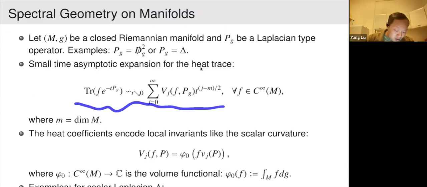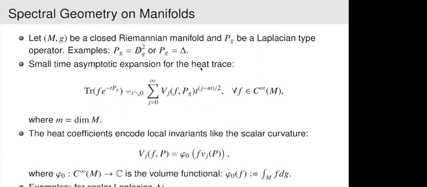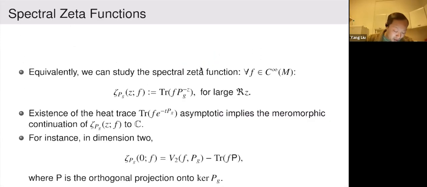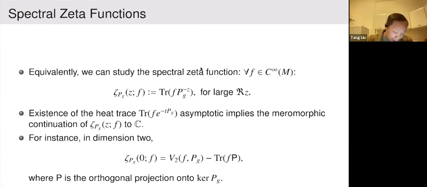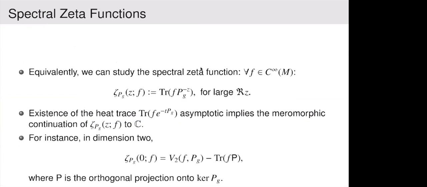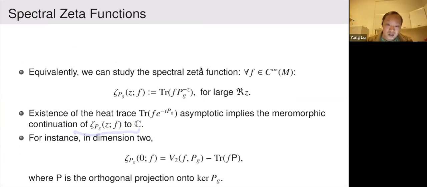From this heat trace asymptotic, an equivalent way is to look at the spectral zeta function. The existence of the heat trace asymptotic implies the meromorphic continuation of the zeta function, and each heat coefficient corresponds to a special value of the zeta function.